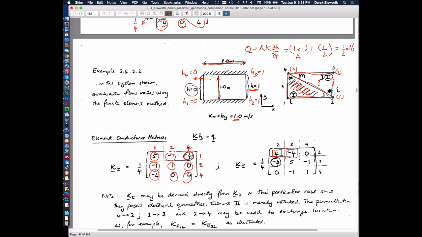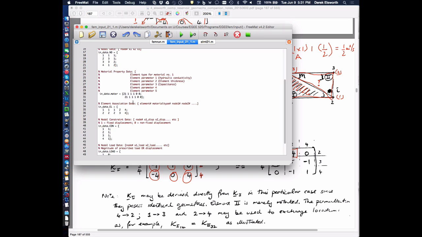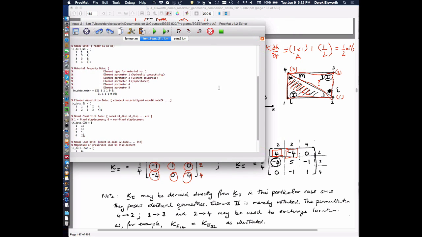So that's exactly right. And likewise for the other element. Element number 2, local node 1 is global 2, local node 2 is global 3, and you can see it beside it, right? Local node 1 is global 2.